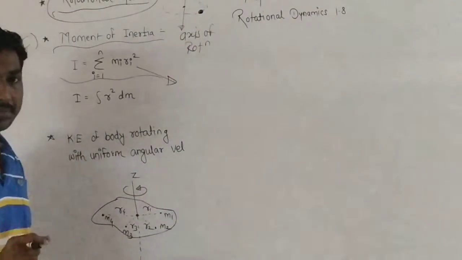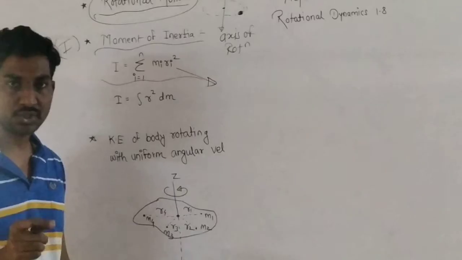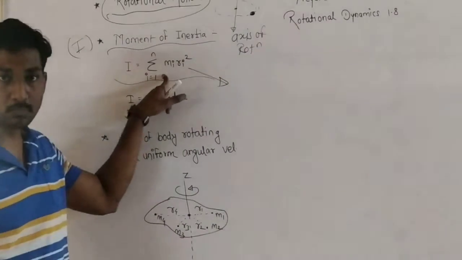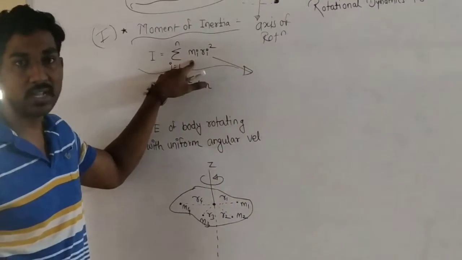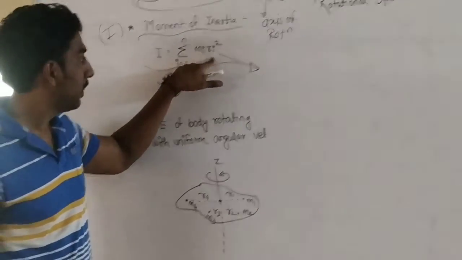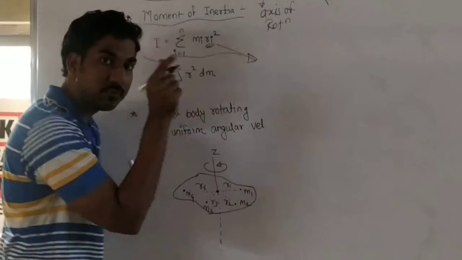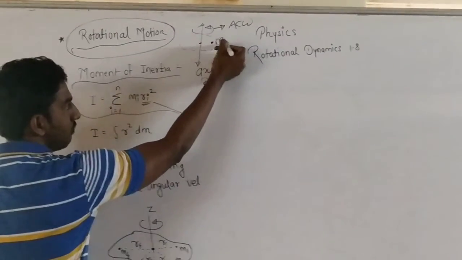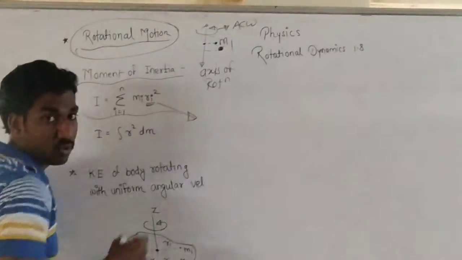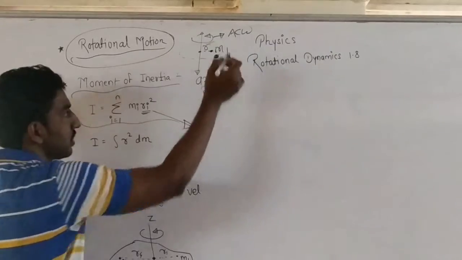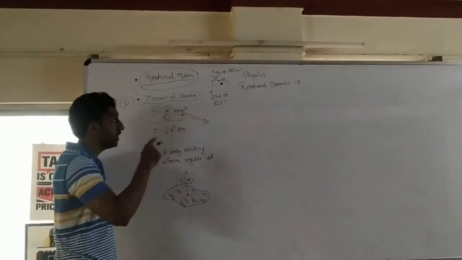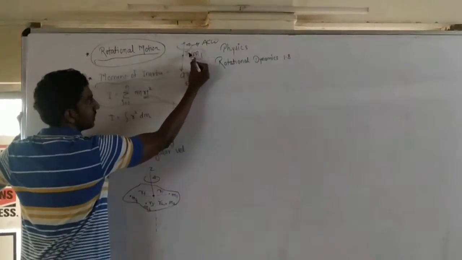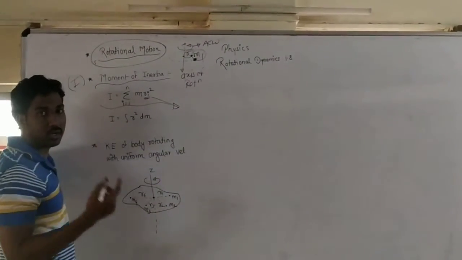The definition: moment of inertia of a body is defined as the product of the mass of that body and the square of the perpendicular distance of that mass from the axis. Suppose this is mass m1 and this is the axis of rotation, and there is some distance r. The moment of inertia of this body will be the product of this mass and the square of its perpendicular distance.